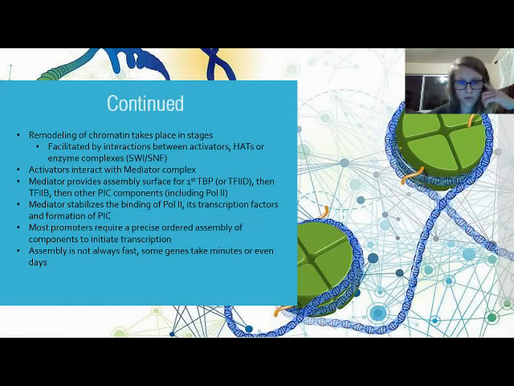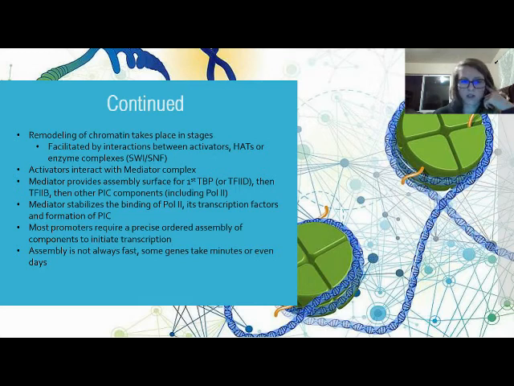The remodeling of chromatin takes place in stages due to these interactions. They are facilitated by interactions between the activators, the HATs, like I described earlier, or the enzyme complexes SWI and SNF. Activators interact with the mediator complex, and the mediator then provides an assembly surface for first the TATA binding protein, or TFIID, then the TFIIB basal transcription factor, then other pre-initiation complex components, which include RNA polymerase II.